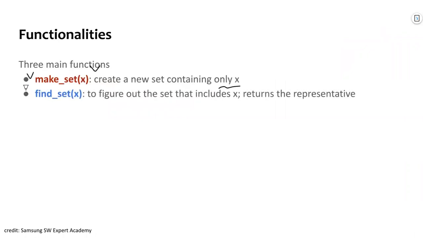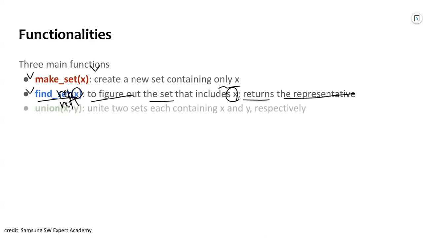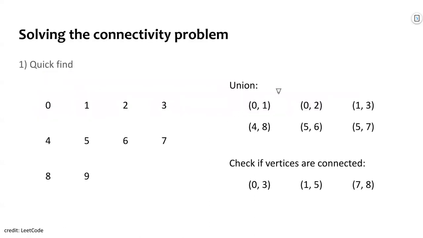And we can also implement find set to figure out the set that includes X. This function returns the representative of the set. So find set actually means find the representative or root of the set that contains X. And the union operation unites 2 sets, each containing X and Y. I'm going to show you examples figuratively.